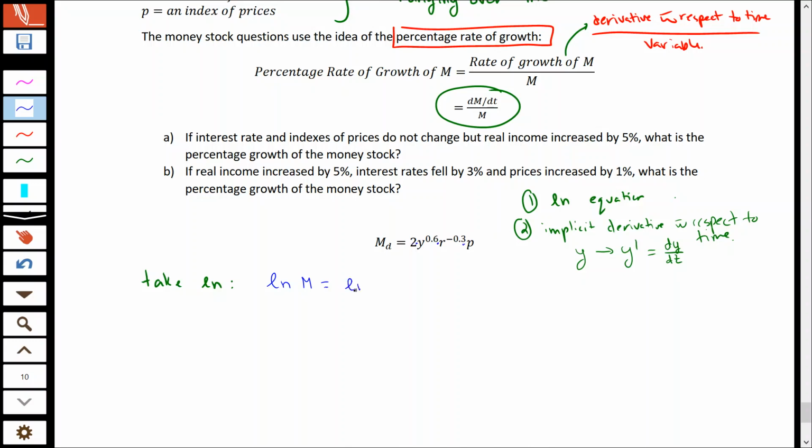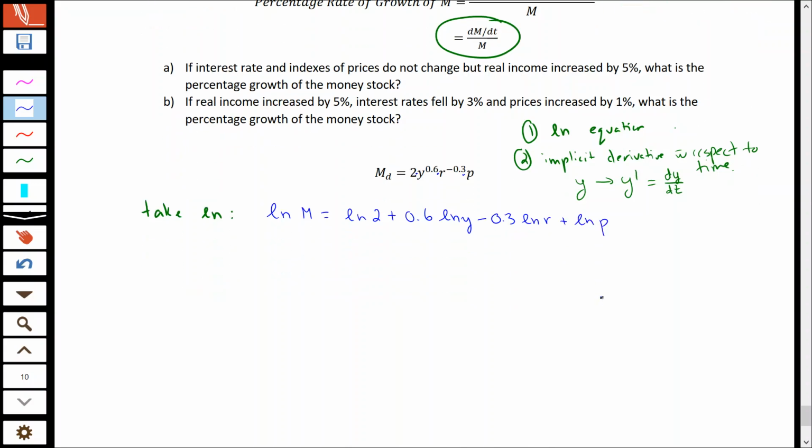So I'm going to have ln 2 plus, and when I have y to the 0.6, that 0.6 comes down, and so then I'll have 0.6 ln y minus 0.3, just because I'm bringing down that negative 0.3, ln r plus ln p. So now I'm going to do the implicit differentiation.